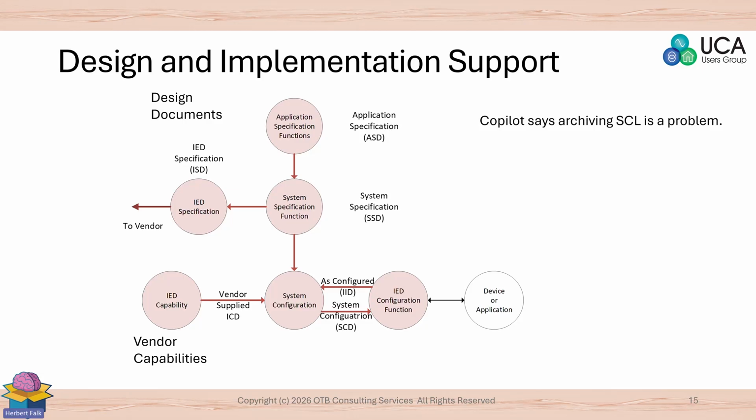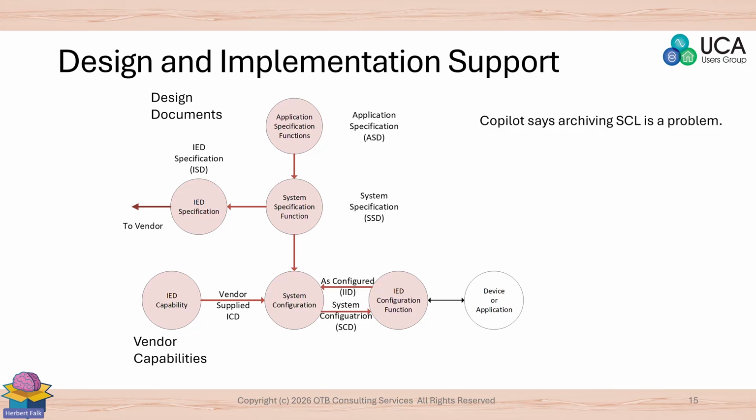So when you look down the road, you want to specify for transfer trip or bus differential applications, specific things that you want. 61850 now has something called an application-specific description file, which allows you to create a template for what you need for a particular building block of a system.